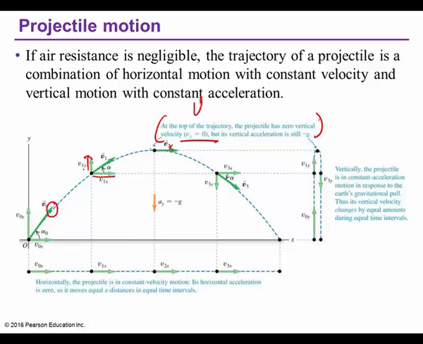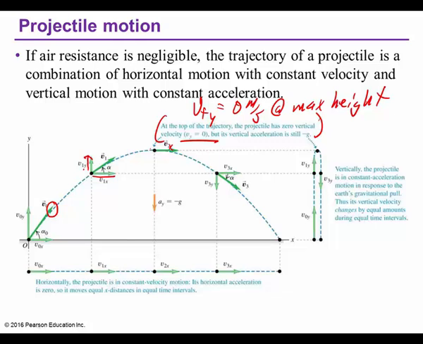So v final in the y at maximum height is 0 meters per second. Y'all, this is another one of those parameters you just need to remember. It's always going to be that way. Now that's y, not x.